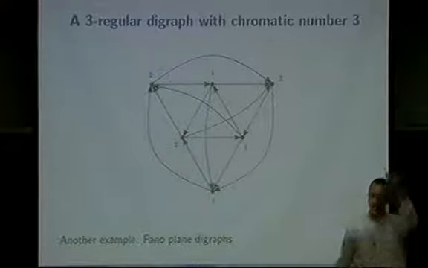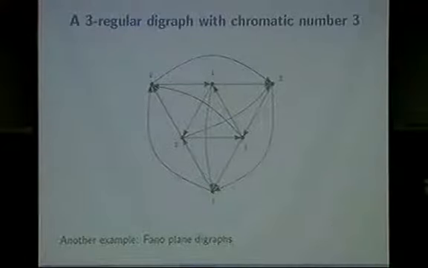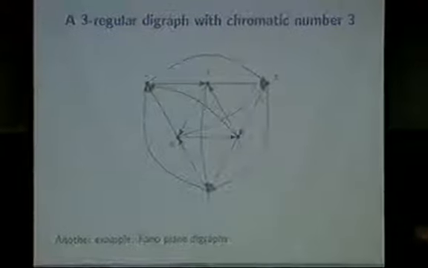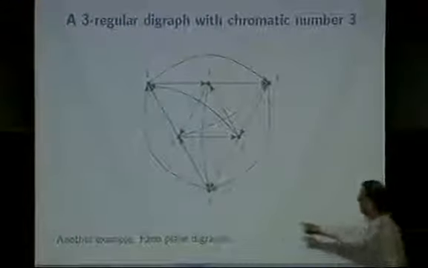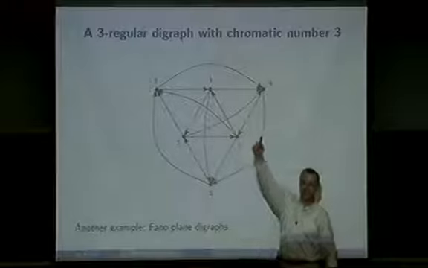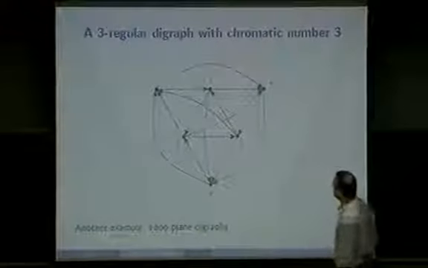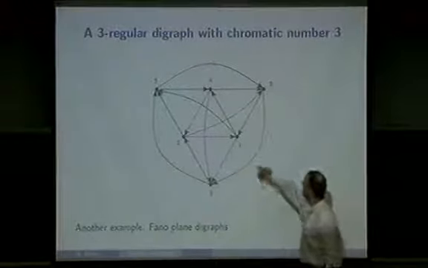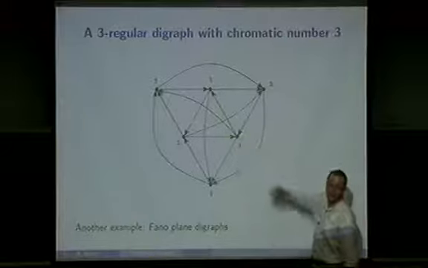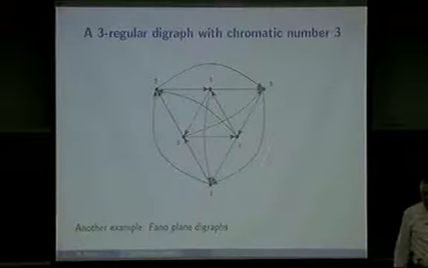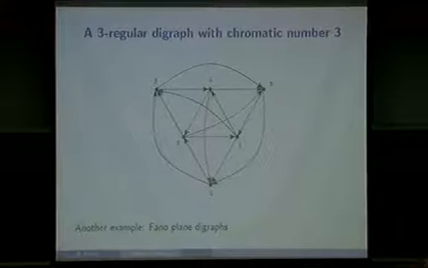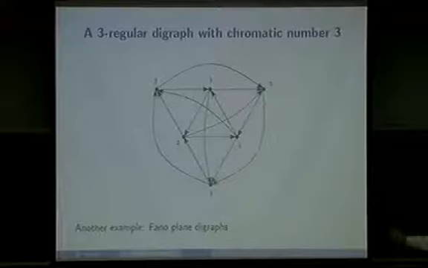Now let me add another vertex, and from this vertex I join to all other vertices in such a way that I make it 3-regular. Here I'm missing 1 outgoing edge, so it goes to this additional 7th vertex. And here I'm missing 1 incoming edge, so I'm coming into this one. Then you get what you would call a 3-regular graph, because every vertex has out-degree and in-degree equal to 3.